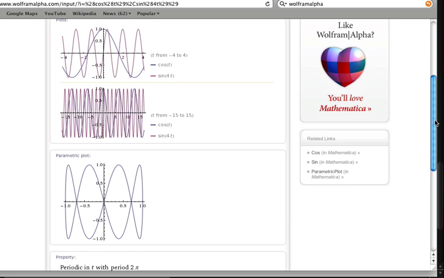See how the x values are moving pretty slow, right? You're moving really slow through the x values, but the y values are going up and down and up and down and up and down. That's because the y values are moving much faster than the x values. So the x values are changing really slowly, but it's going up and down and up and down and up and down.